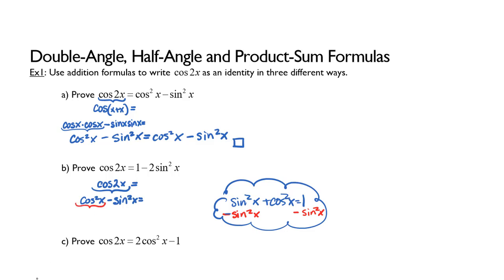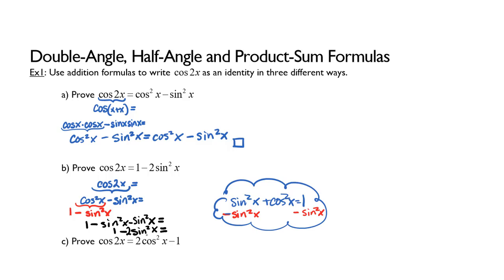Therefore, I can replace the cosine squared x with 1 minus sine squared x, because those are equivalent. And there, when I substitute that in, I'll get 1 minus sine squared x minus sine squared x, which simplifies to 1 minus 2 sine squared x, which is what we wanted to show.